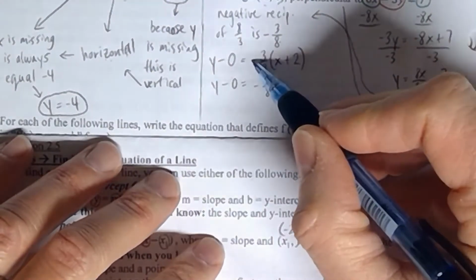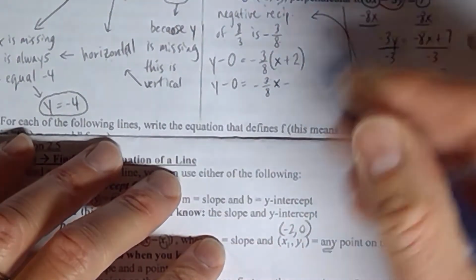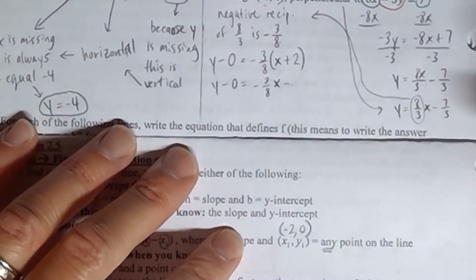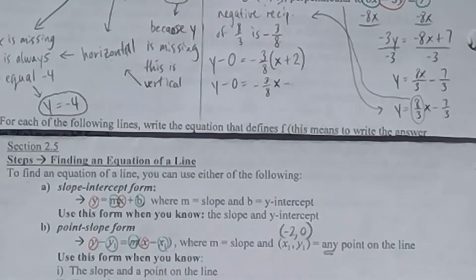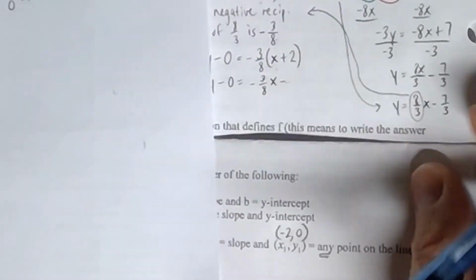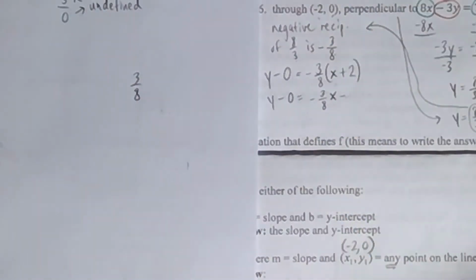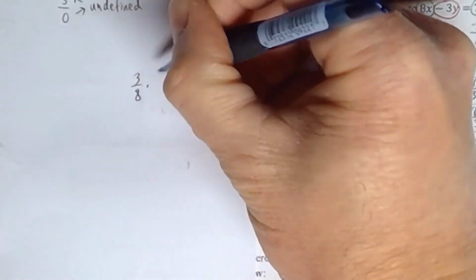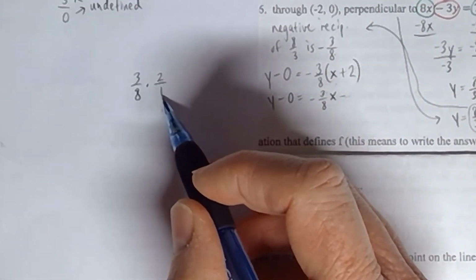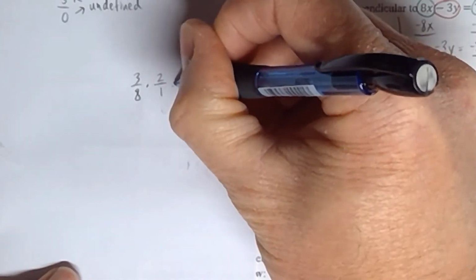And then remember, negative times positive is negative, so this is going to be negative something here, but what is it? Let me just show you off to the side here. You don't have to write down your work on this, but just so you can see what I'm thinking. How do you multiply a fraction times a regular number like 2? What you do is you make the fraction for 2 by making it 2 over 1, and then you multiply it together.